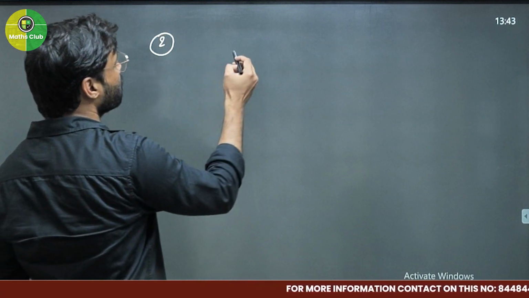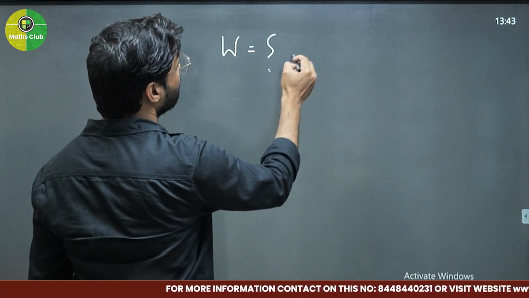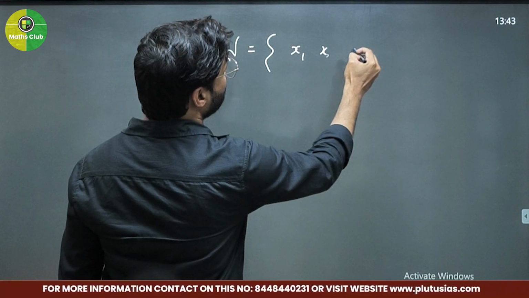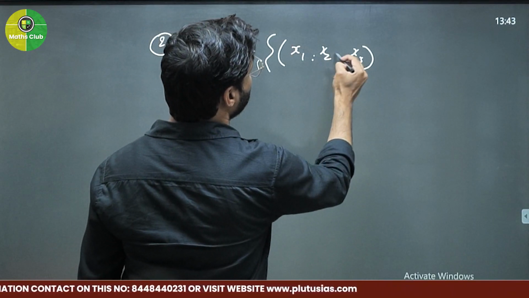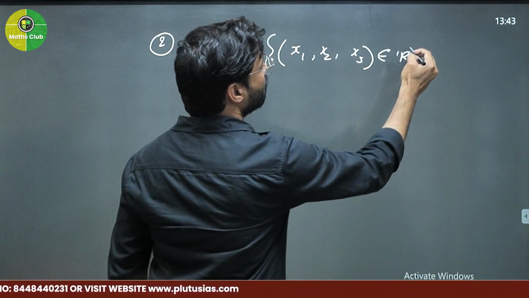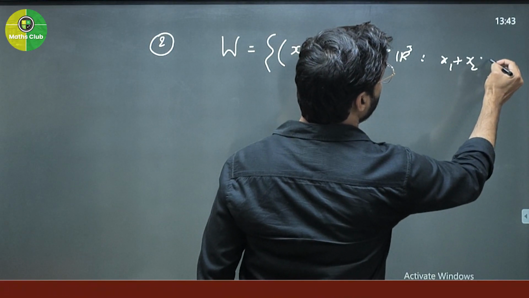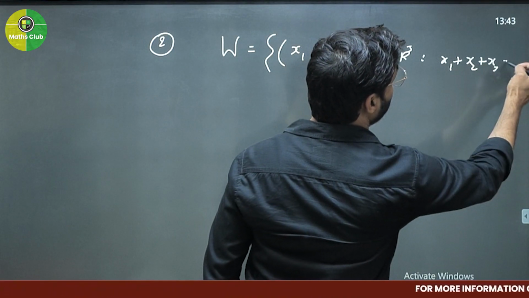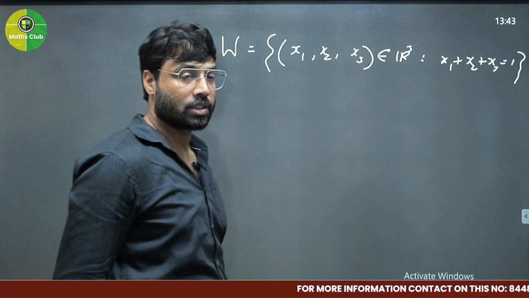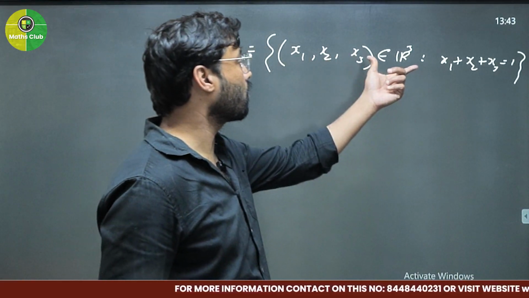We will see another example. Suppose W is given as the set of (x1, x2, x3) of R^3 such that x1 plus x2 plus x3 equals 1, and check whether it is a subspace or not.